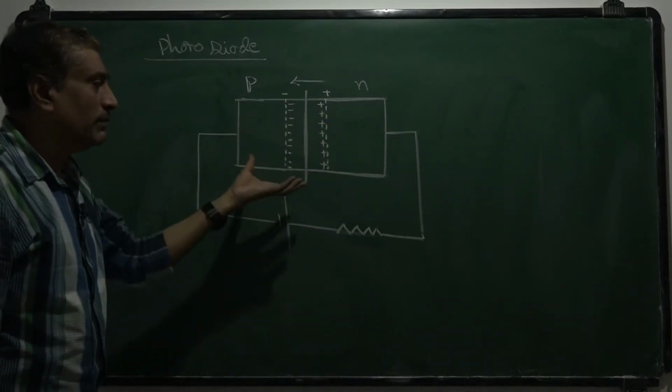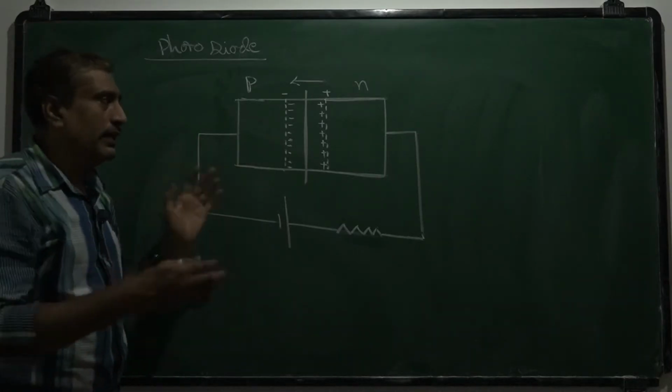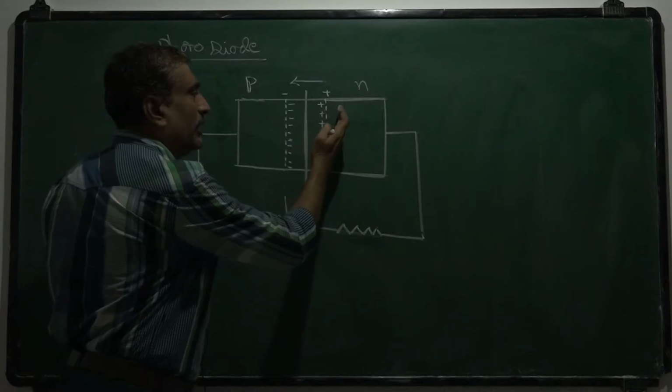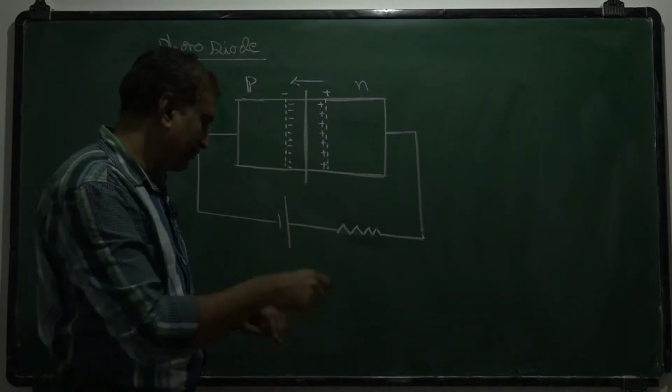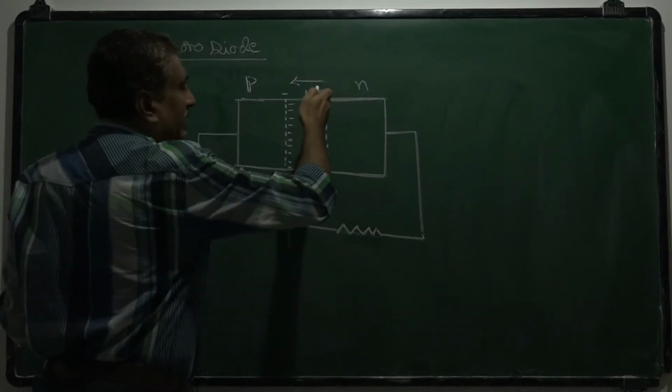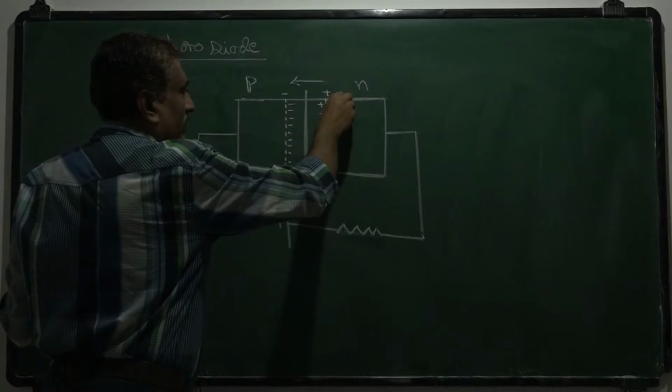Now in this reverse bias, the diode will not conduct, and the width of this depletion layer increases, as we discussed in the last classes. So as the depletion layer width increases, it shifts to another position like this.